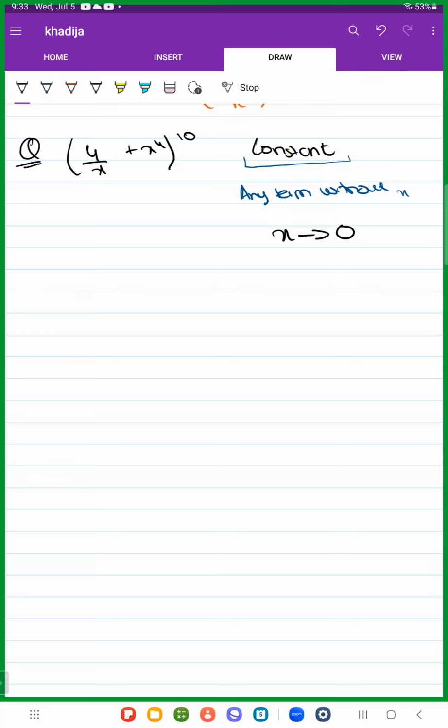Does that say x to the power of 4? Yes, 4.